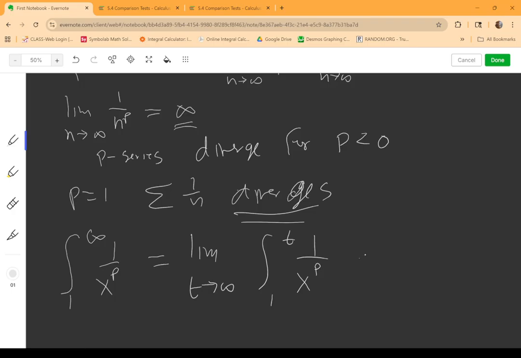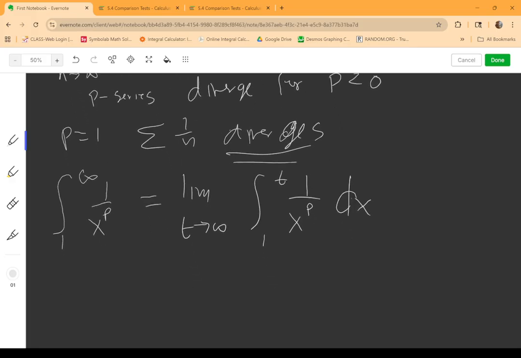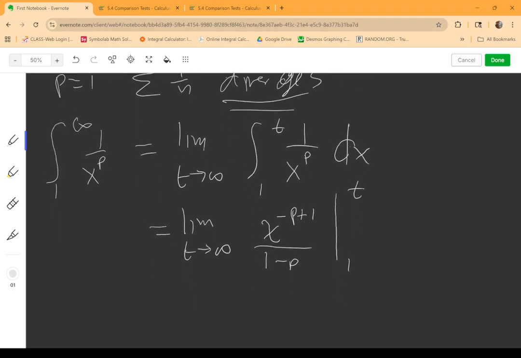We get the limit as t goes to infinity of x to the negative p plus 1, divided by 1 minus p, from 1 to t.